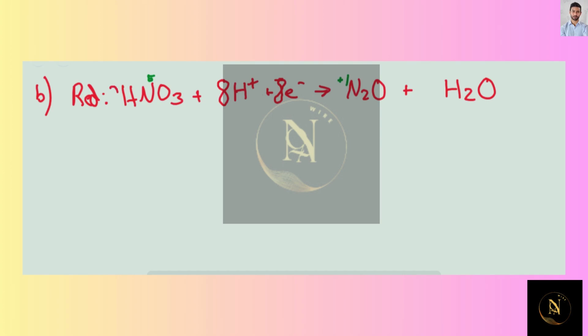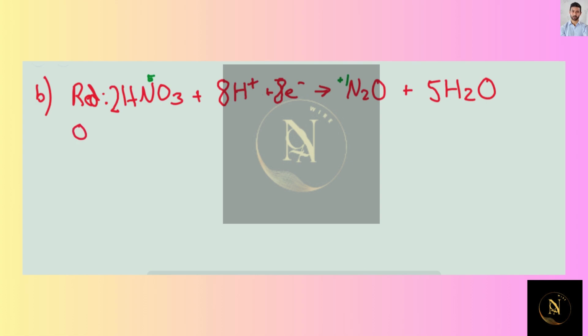And we need to put 2 here so we can have 2 nitrogens on this side. So now in order to balance the number of oxygen, we put a 5 here, so we have 6 oxygen on this side, 6 oxygen on this side, and we have 10 hydrogen on both sides.